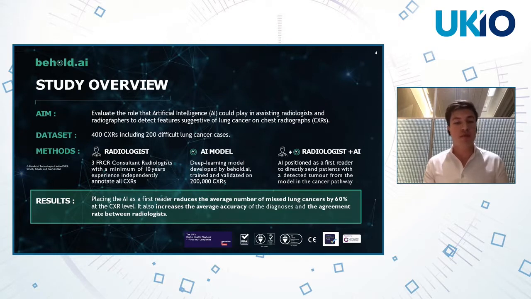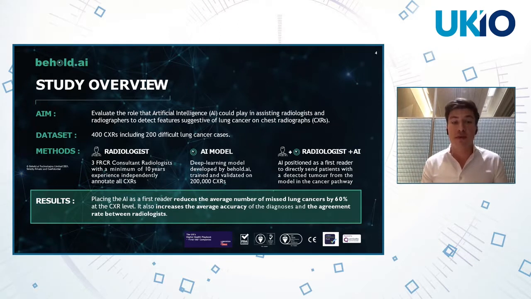We also had the AI model, developed in-house at Behold AI and trained and validated on 200,000 images. This model is able to detect 41 different pathologies, but here we only focus on suspected lung cancer. And we propose a novel approach of positioning the AI as a first reader before radiologists, to send patients with a suspected lung cancer directly into the CT scan pathway.